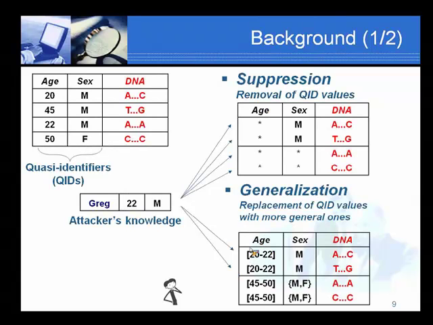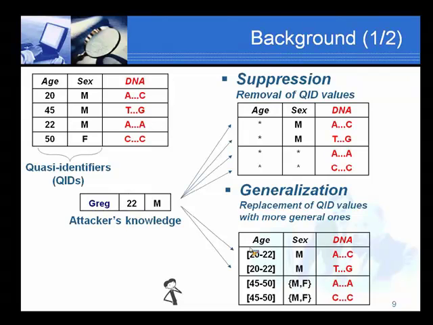Having presented the problem, let me say a few words about the privacy-preserving techniques we consider. First, remember that anonymization techniques deal with quasi-identifier attributes such as demographics. For example, consider that an institution wants to release the table on the leftmost top corner of the slide.